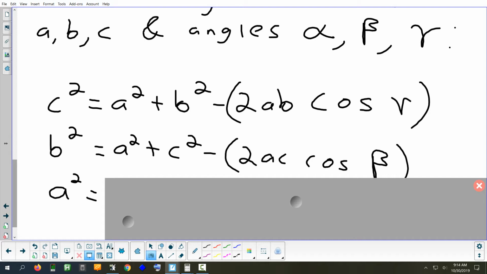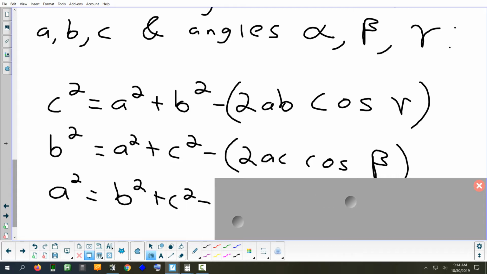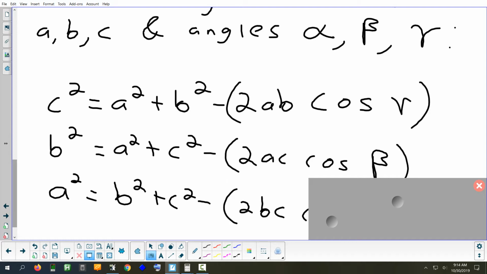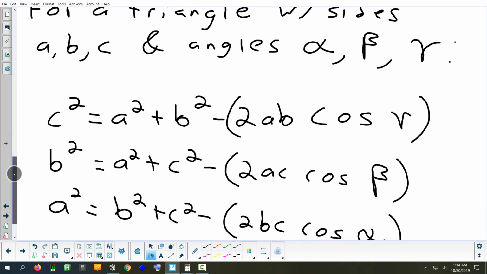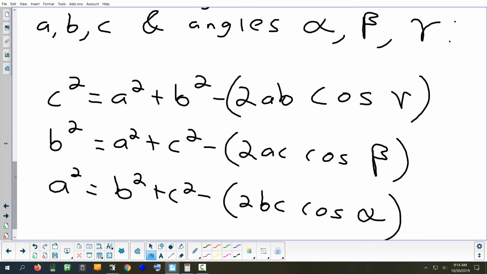B squared plus C squared, minus 2bc. So minus 2 times the sides you just used right next to it, times the cosine of alpha, the angle across from the side you started with. And that's the law of cosines.